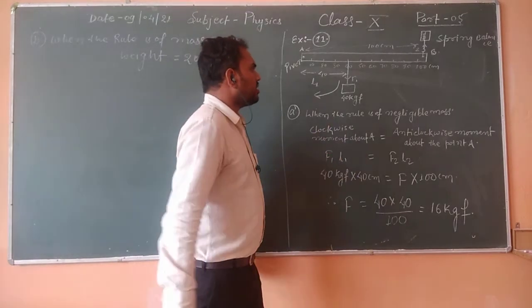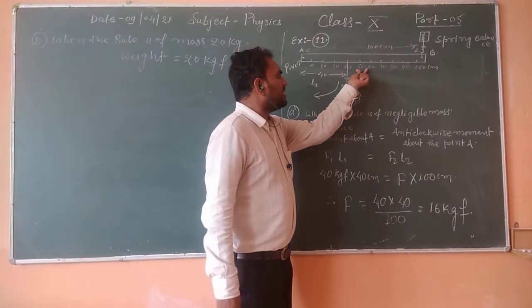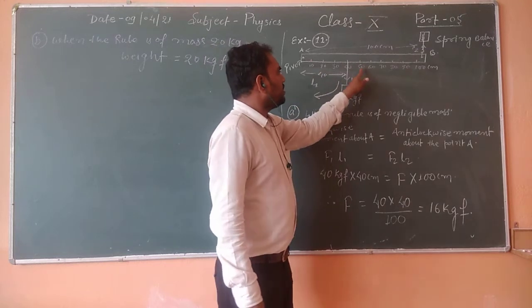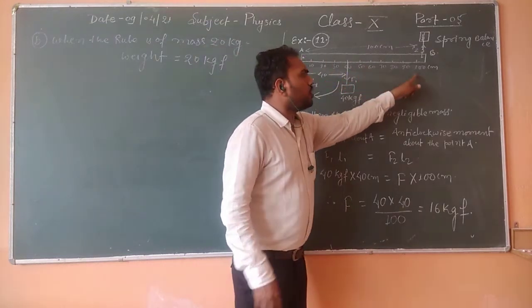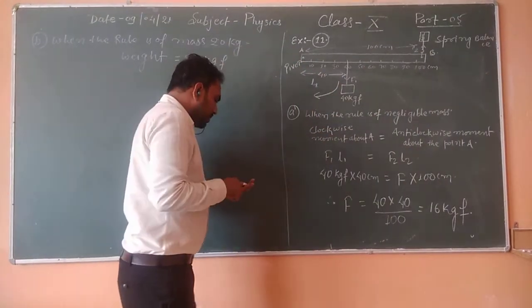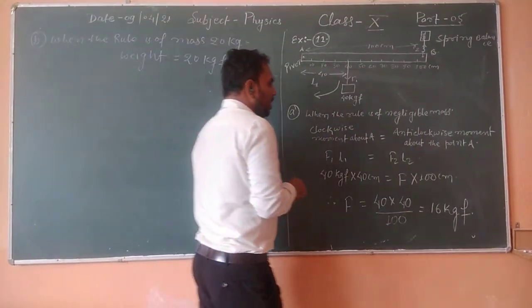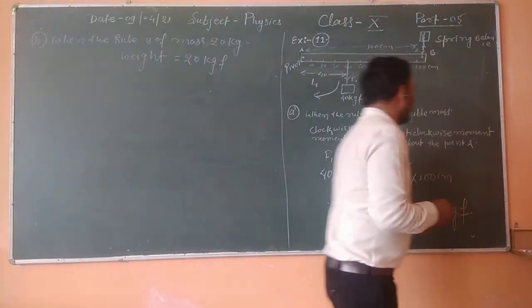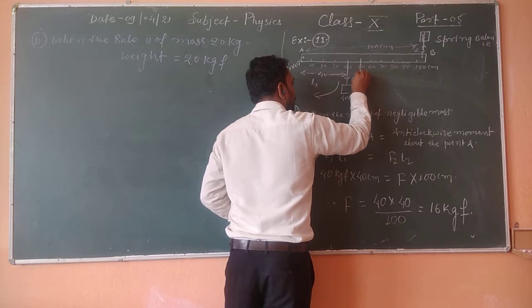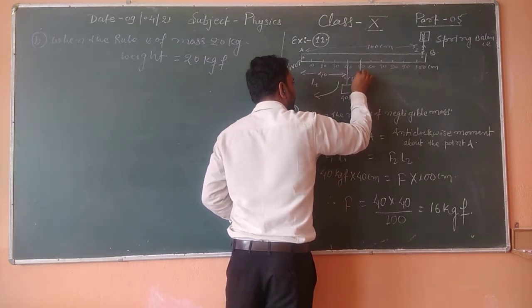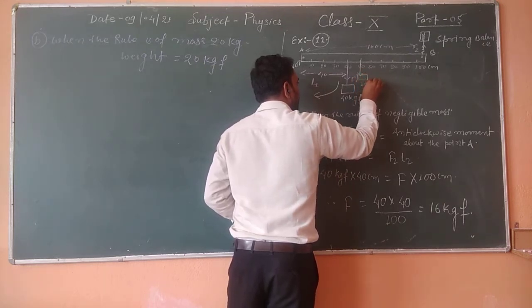Where will its center be? Of course, at 50 centimeter, because it is half: 0 to 50 and 50 to 100. So at 50 centimeter, there will be a force of 20 kg.